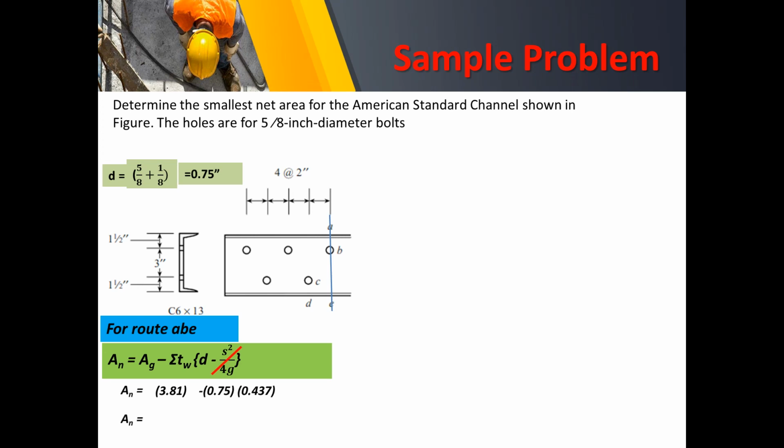And you can come up with a net area of 3.48 square inches. So the next possible route is A, B, C, D. So we consider this route.